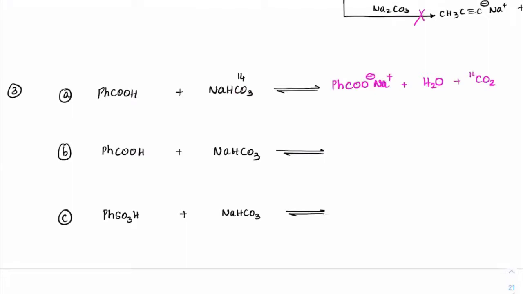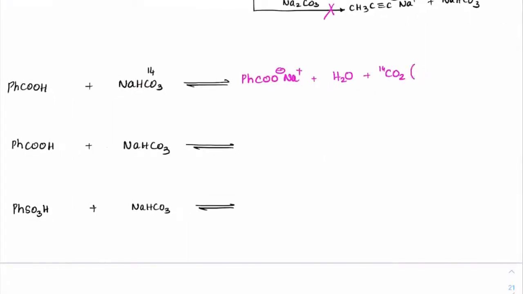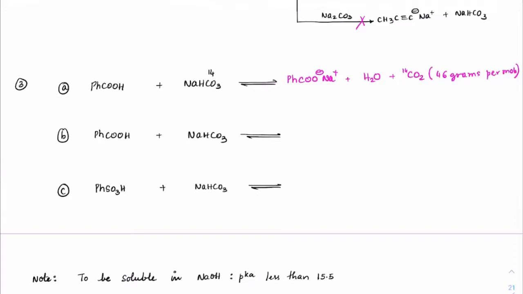This is with carbon 14. So when you calculate the molar mass here, you will get 46 grams per mole. And the pK value of PhCOOH is around 4.3, right? And water is around 15.5. So this reaction is definitely feasible in the forward direction.